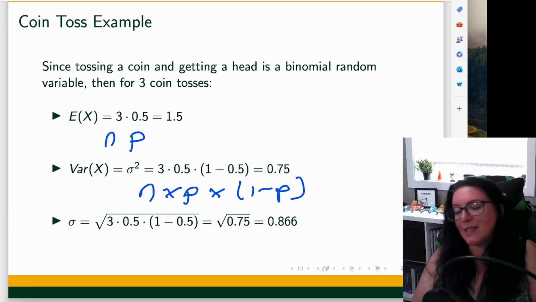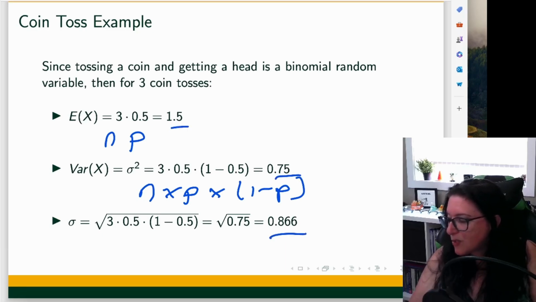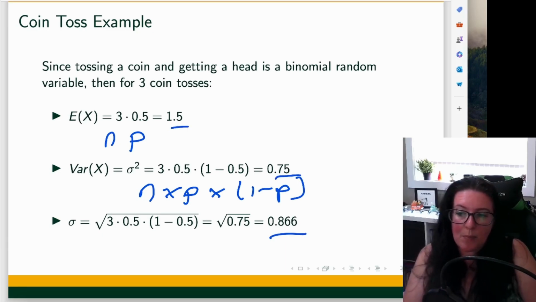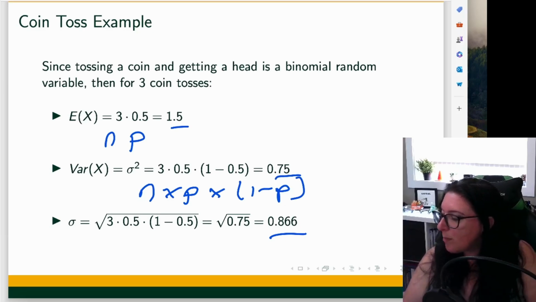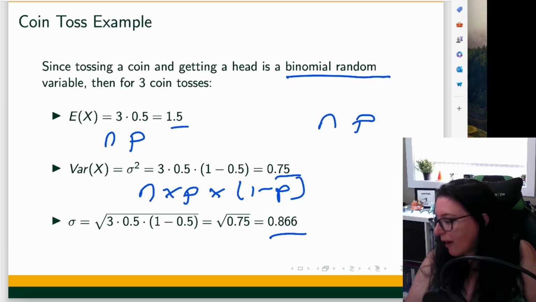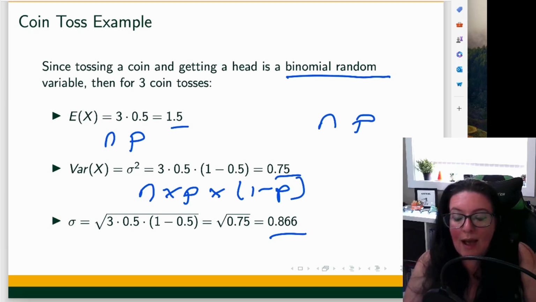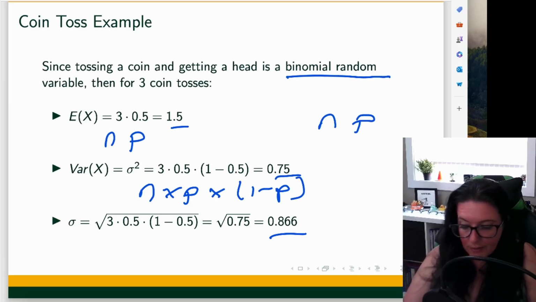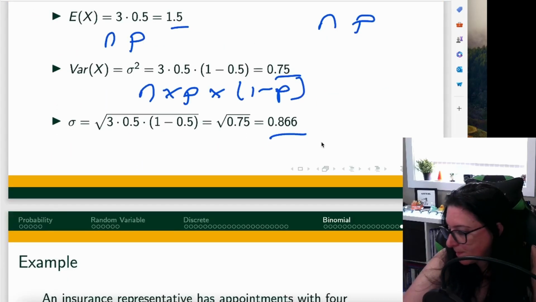The square root of that is 0.866. These are the same results we found earlier. If we know something is binomial, we can very quickly find the expected value and the variance without going through all the different possible outcomes.